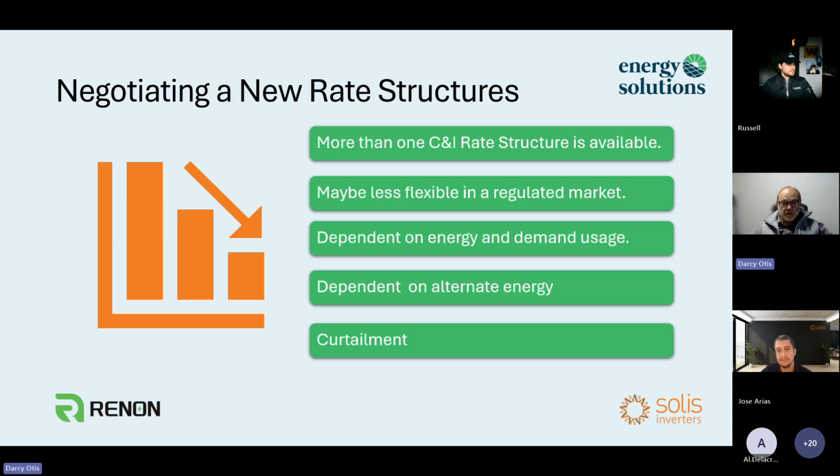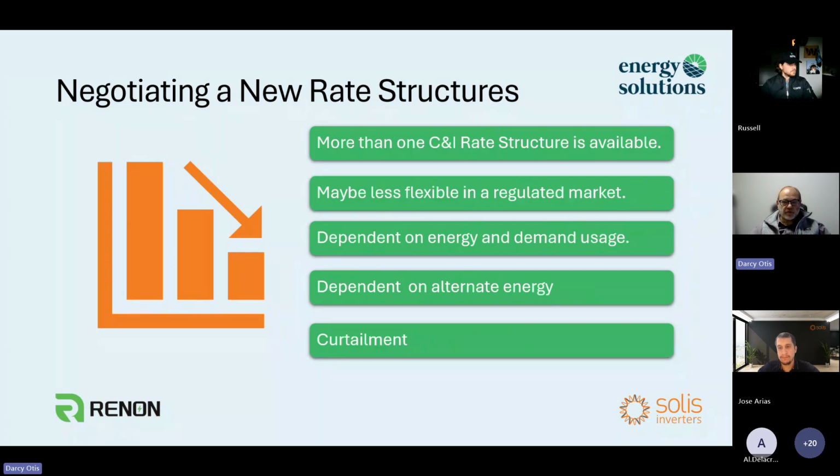Another successful one in large industrial is curtailment. A lot of times you have backup generation. You have the ability to add a larger energy storage system or a combination hybrid generation plant that can help you curtail. And often utilities give significant incentives if you can curtail larger loads during their peaks in summer months.